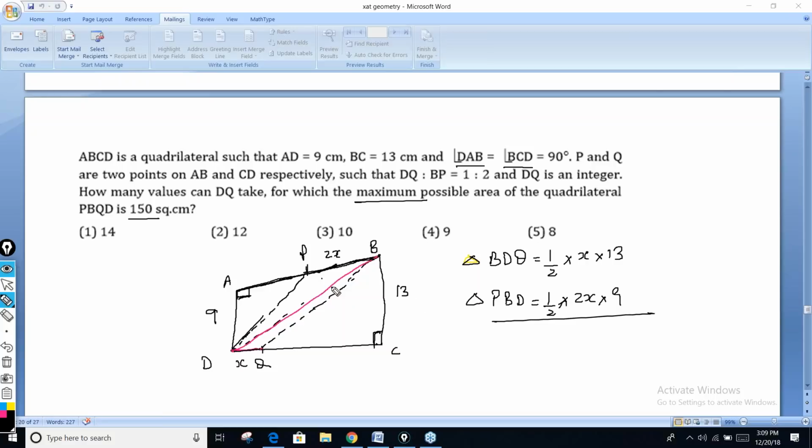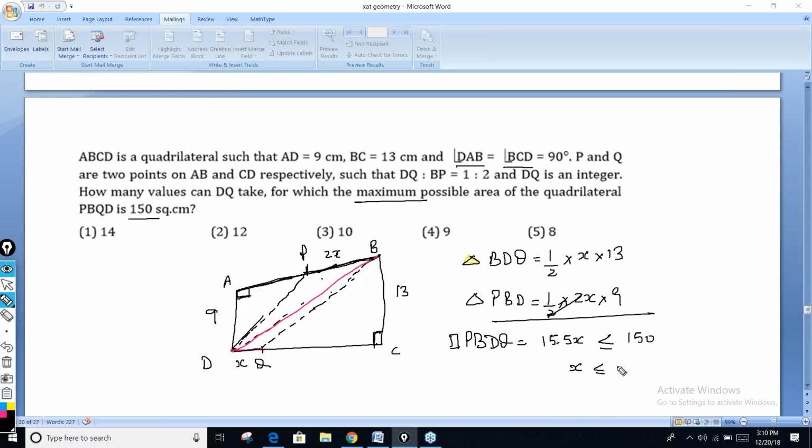And if I add these two, this will become the area of PBQD. What is the complete area of quadrilateral PBDQ? That is the summation of these two, which is 9x plus 6.5x, that is 15.5x. And that is given as at most 150, so this is less than or equal to 150.